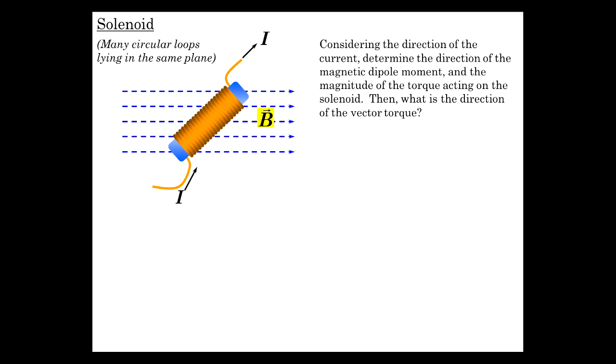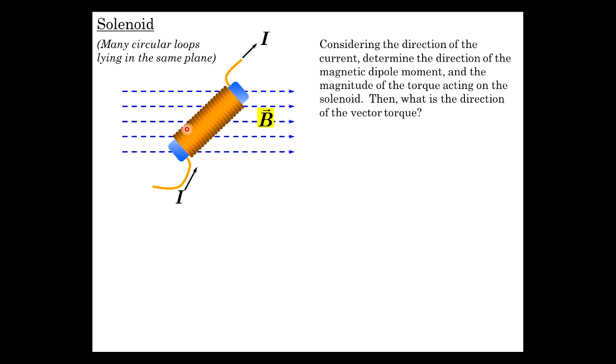To get the direction of the magnetic dipole moment, there's a nice little trick. Grab your right hand by the wrist and wrap your fingers around this coil, in the direction the current flows.